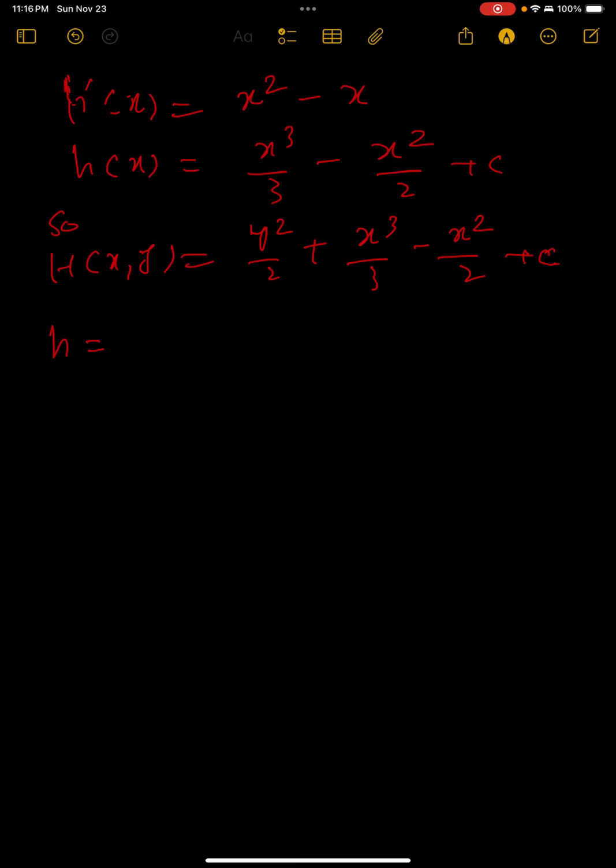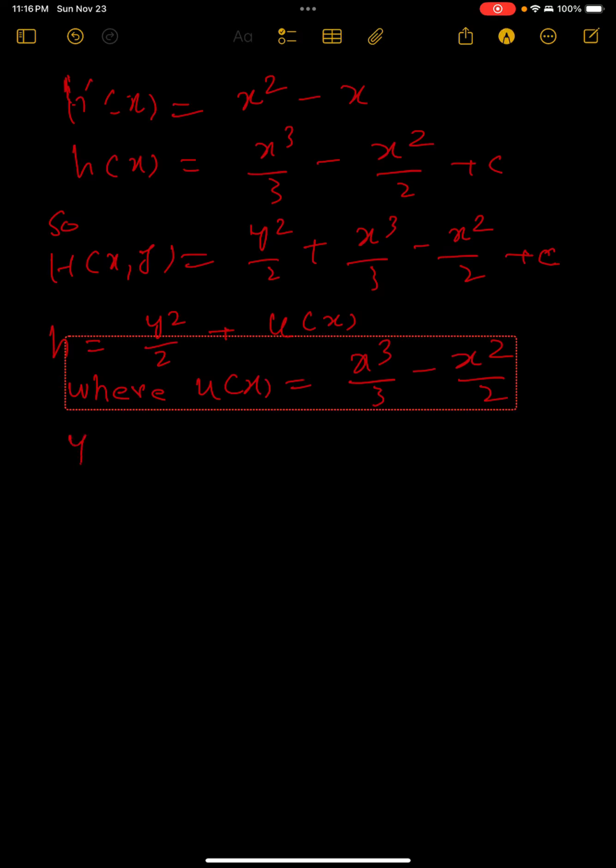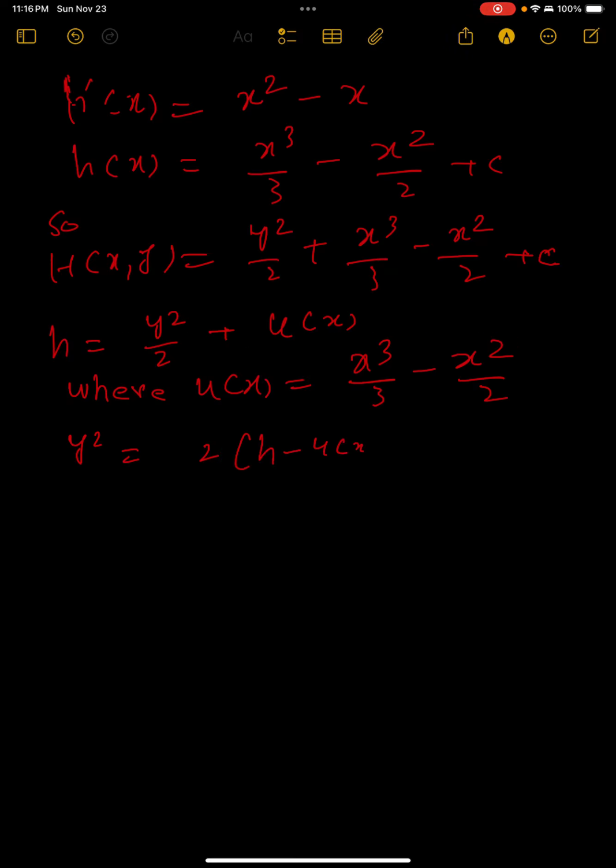So we can easily see that h is y square divided by 2 plus u of x, where u of x is x cube divided by 3 minus x square divided by 2. Then y square is 2h minus u of x, and from there y is plus minus square root of 2h minus u. It has two copies.